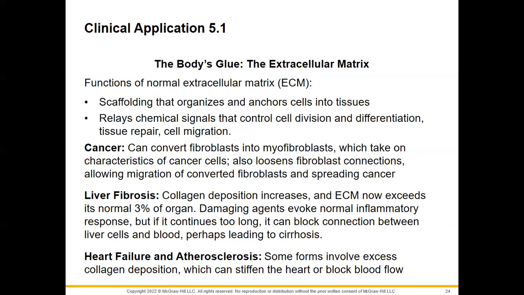In the body, the extracellular matrix is considered scaffolding that helps to organize and anchor those cells into a cohesive tissue. So look at this to help you understand some of the jobs of extracellular matrix a little bit better. And remember that that is a part of the connective tissue and connective tissue job.